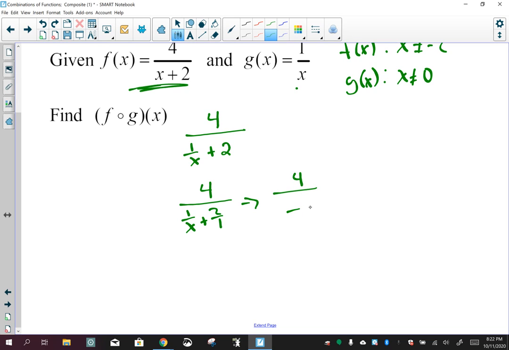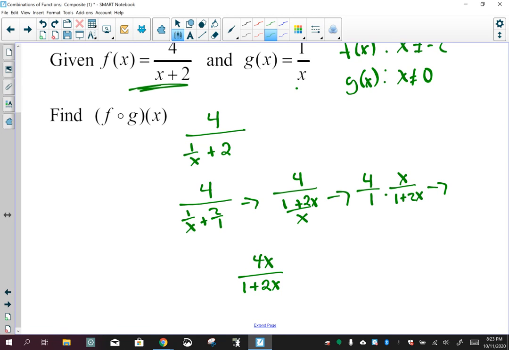And then I'm going to wind up with an x here, and a plus on top, and a 1 and a 2x. And then I'm going to copy dot flip. So I've got a 4 over 1 times x over 1 plus 2x. So this gives me 4x over 1 plus 2x.